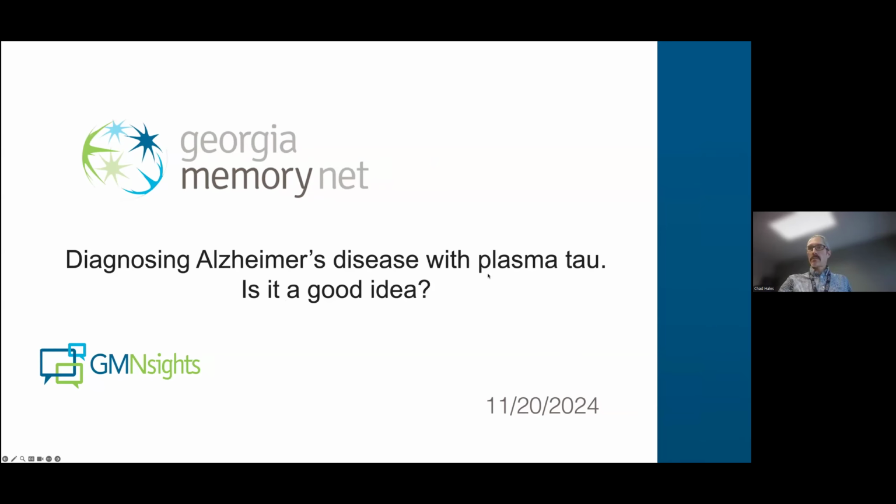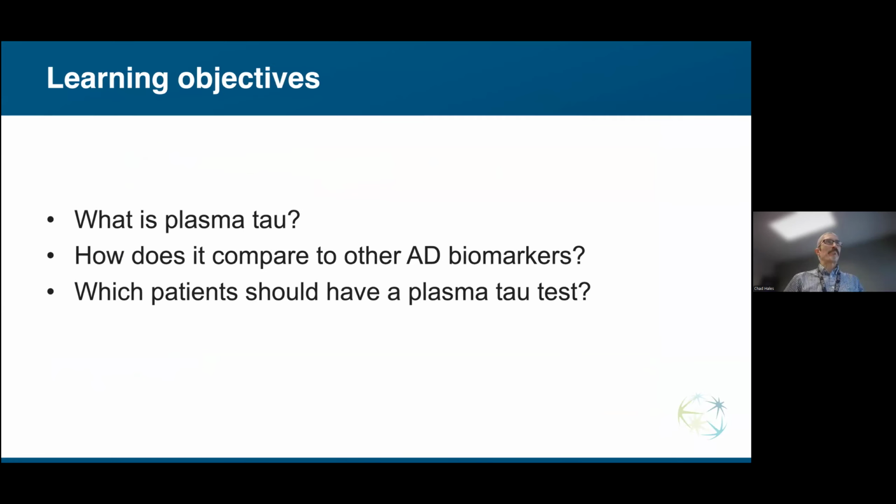So let's get started. Diagnosing Alzheimer's disease with plasma tau, is it a good idea? Our learning objectives are pretty straightforward. The first will be just to introduce, well, what is plasma tau? Are these the new blood-based biomarkers that you've been seeing in the news or hearing patients chatting about?